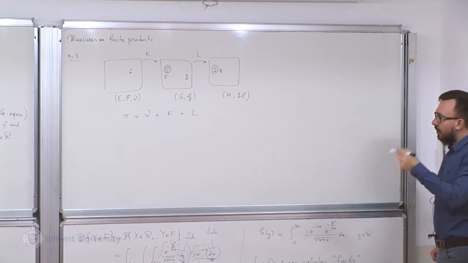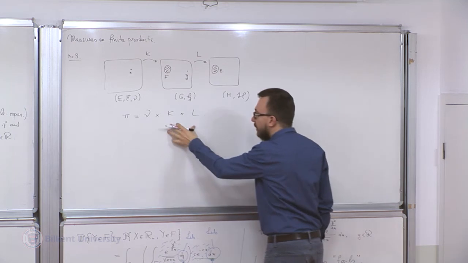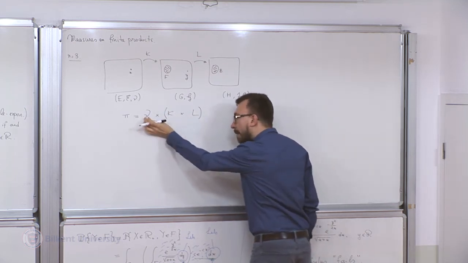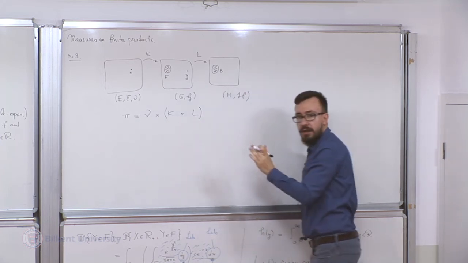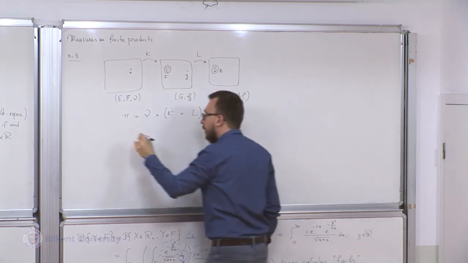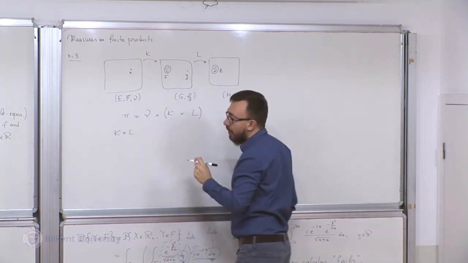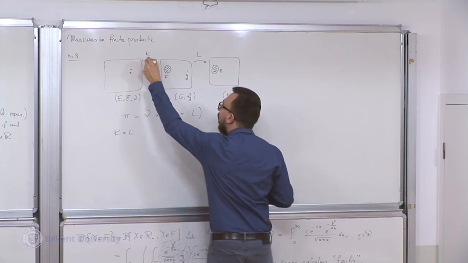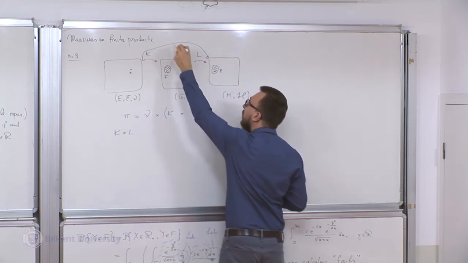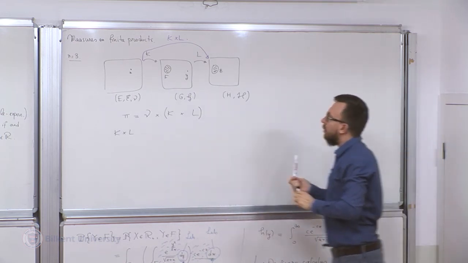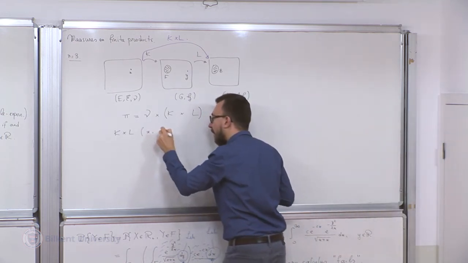And I'd like to give a meaning to this expression by seeing it as the product of a measure and another kernel. So we have to define what K cross L is. So K cross L, it's going to be a composition in some sense. It's going to be a kernel from the 1st space to the 3rd space. So it has 2 variables. One is x, one is b.